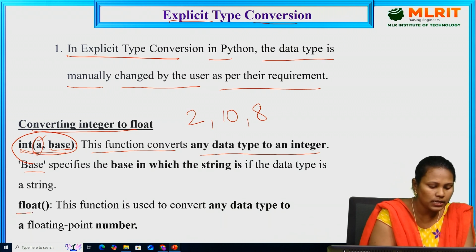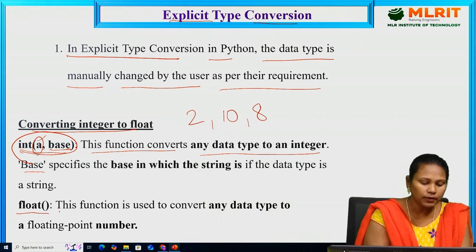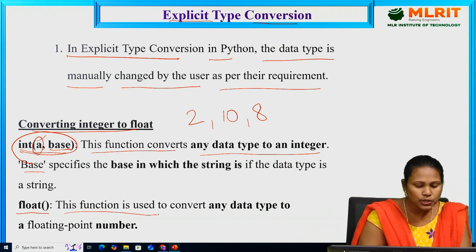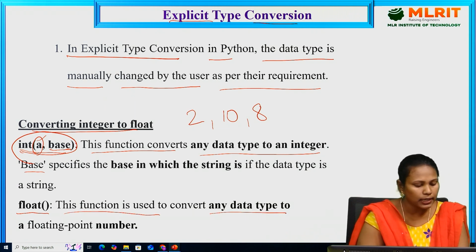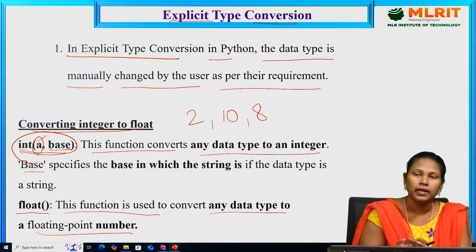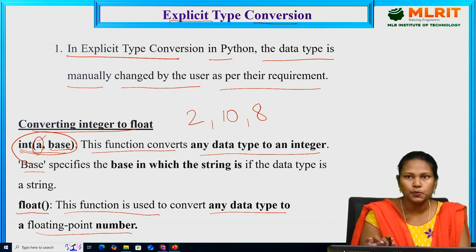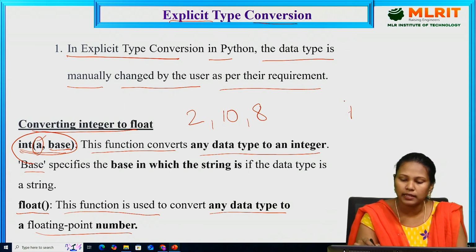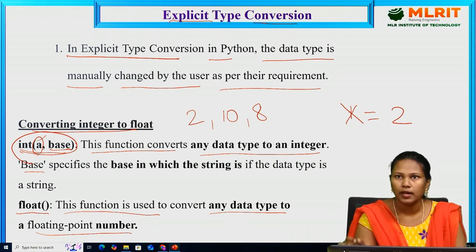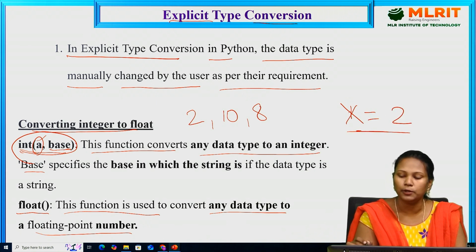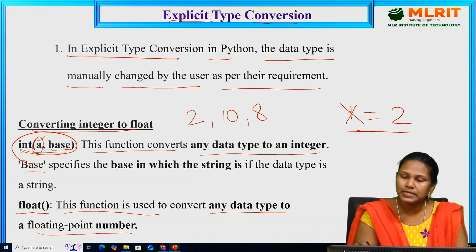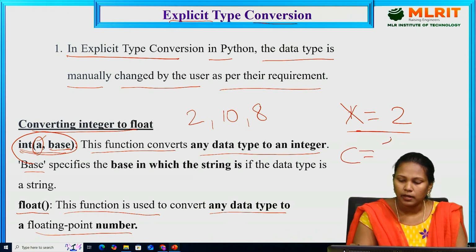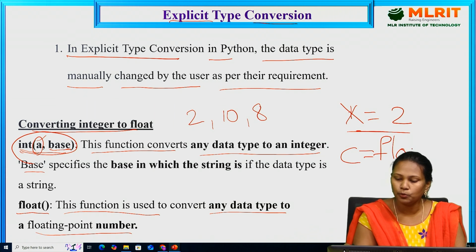The next one is float. This function is used to convert any data type to a floating point number. Whatever the data type is, we convert it into the floating type. For example, x equal to 2. I want to convert this value into float type. Basically it is the integer type, so I have to convert it into float type.